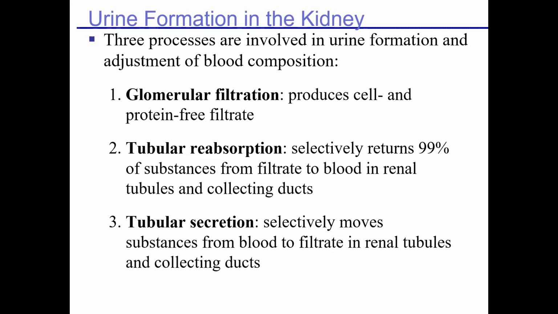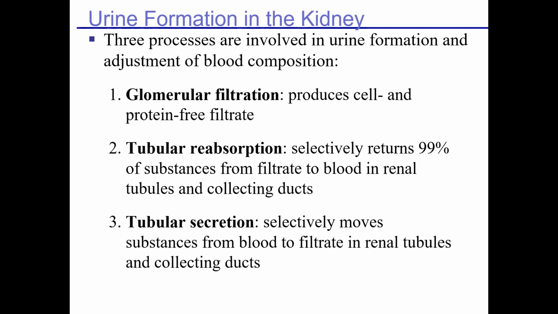First, we filter in the glomerulus. The filtration product, the filtrate, should have no proteins. It should have no cells. It should have no red cells. It should have no white cells. It should have no protein like albumin, for example, or anything else. It should be free of all that.